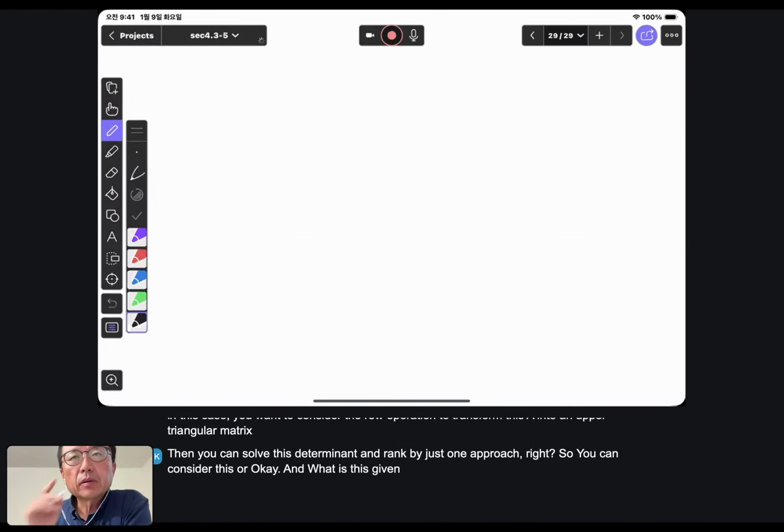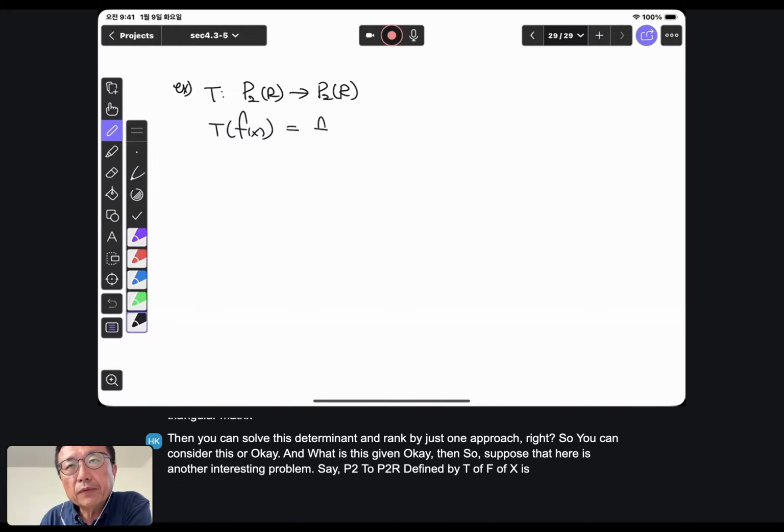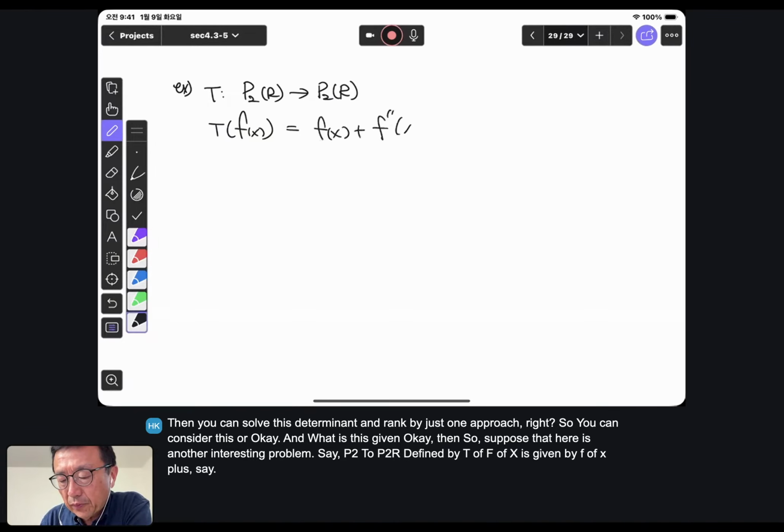Okay, then, suppose that here is another interesting problem. Say T from P2(R) to P2(R) defined by T of f of x is given by f of x plus, say, f double prime of x, something like that.